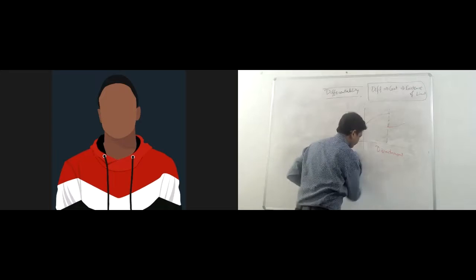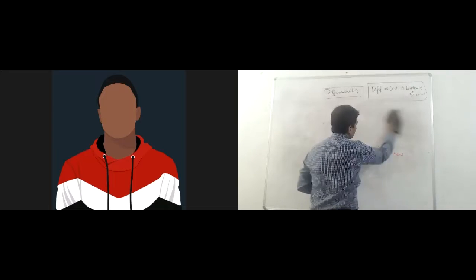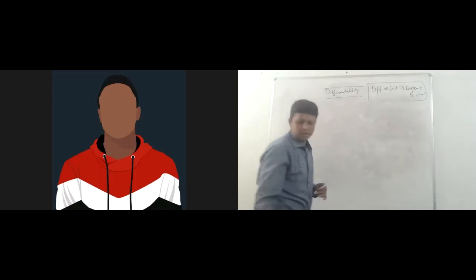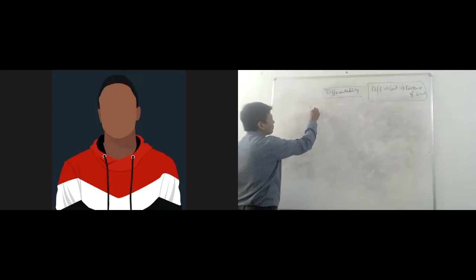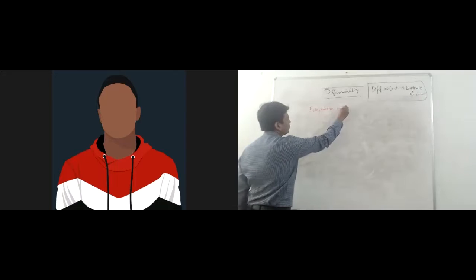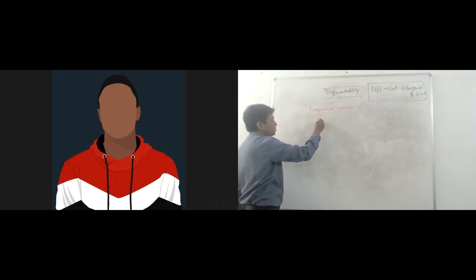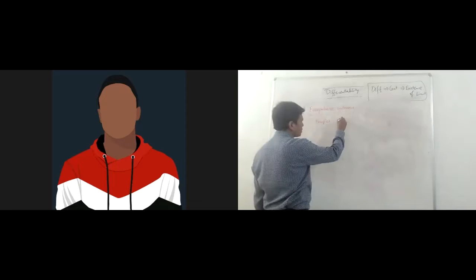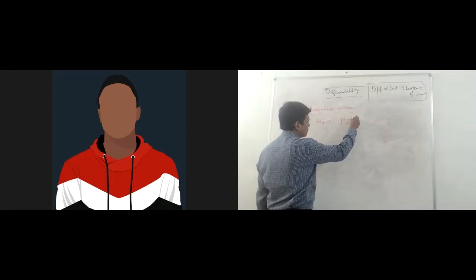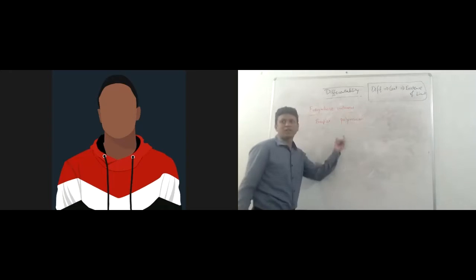Now, examples of functions which are everywhere continuous. Polynomials are everywhere continuous and differentiable.